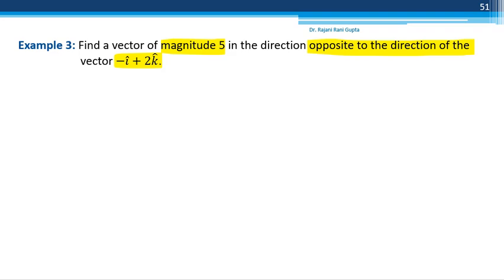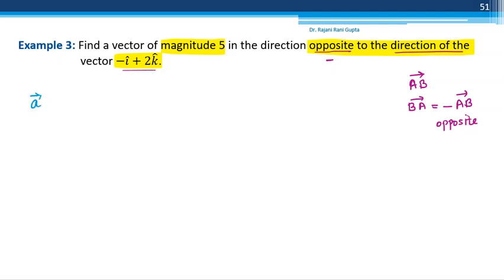I hope you remember in the very first video related to a vector, like if AB is a given vector, then you write BA as minus of AB. So what it means, the magnitude remains same, but the direction is opposite. Okay, so you know how to find the direction of this vector, correct? So since they need opposite, you multiply the direction by minus. So let's see how to work on it.